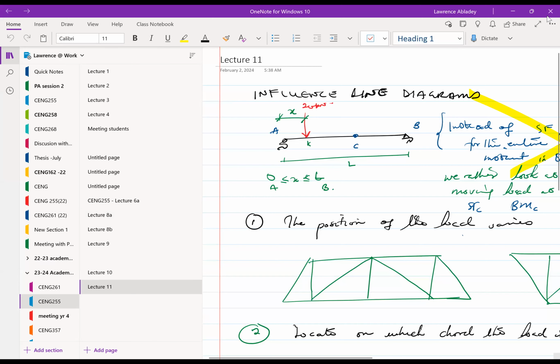Um, so let me retry. Hopefully it works. Um, share the screen again, and then this time around, let's hope everything works. Sometimes, yeah.